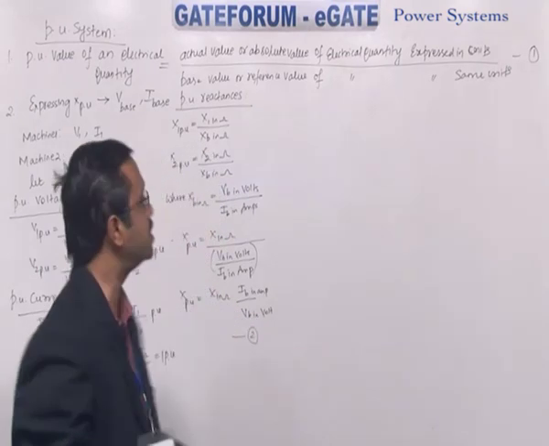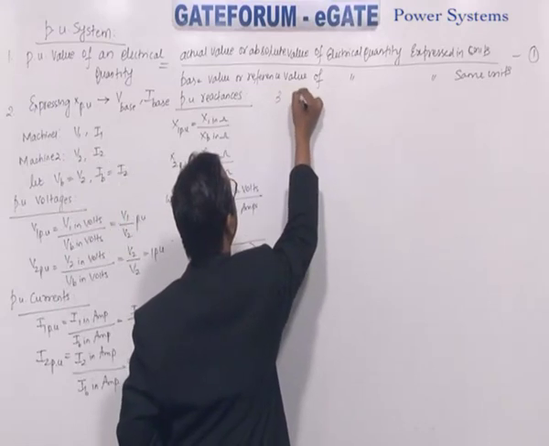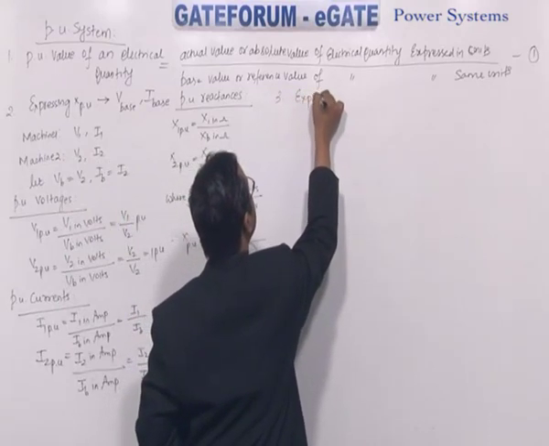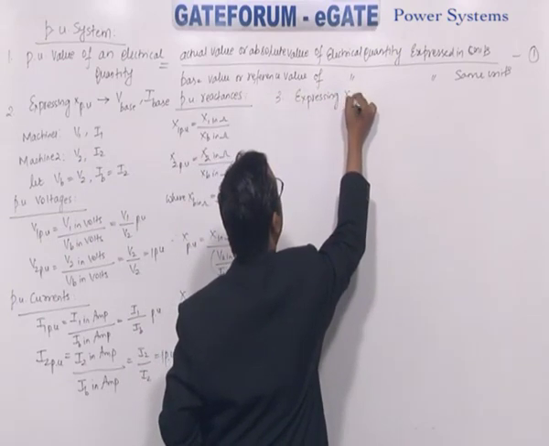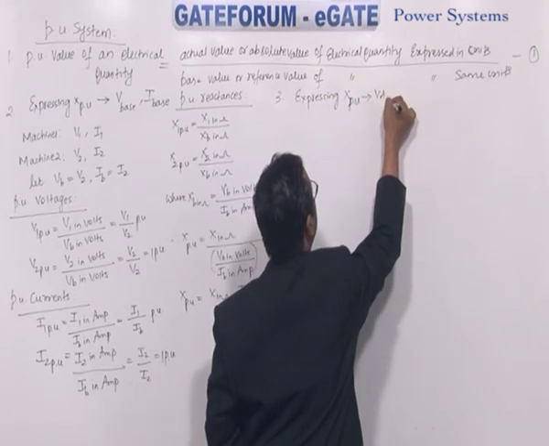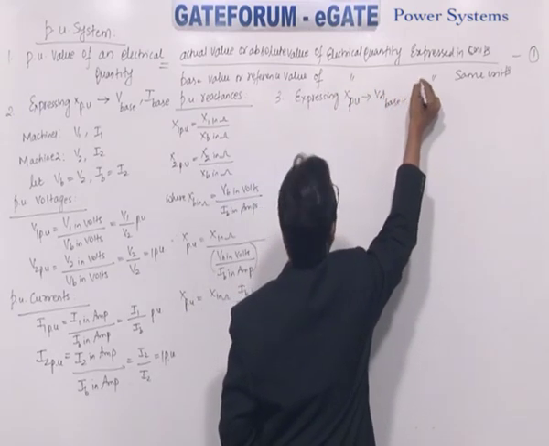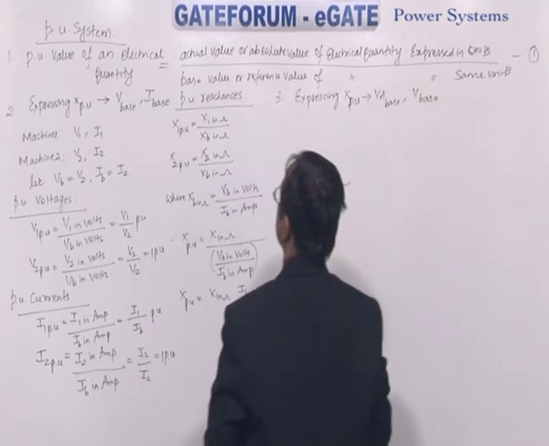So next analysis is expressing per unit reactance in terms of base volt ampere and base voltage.